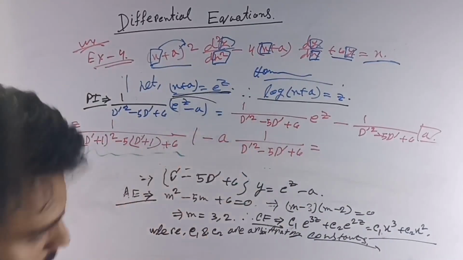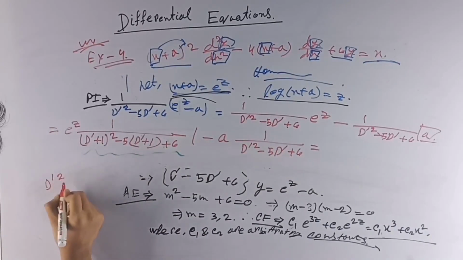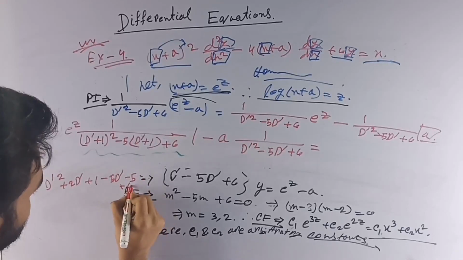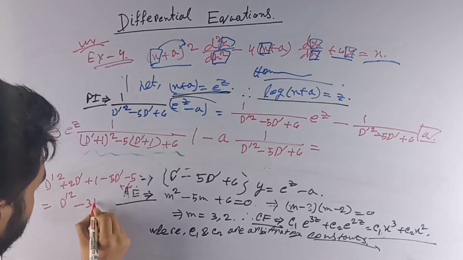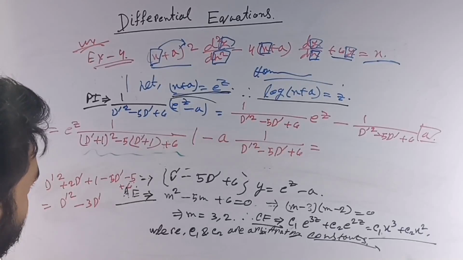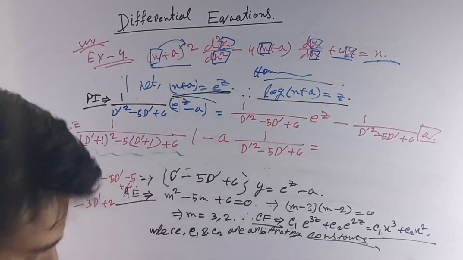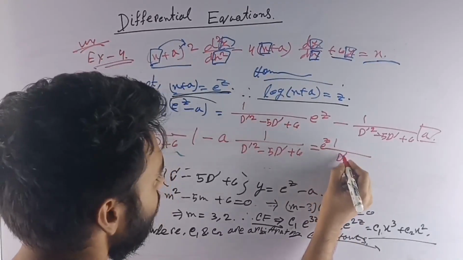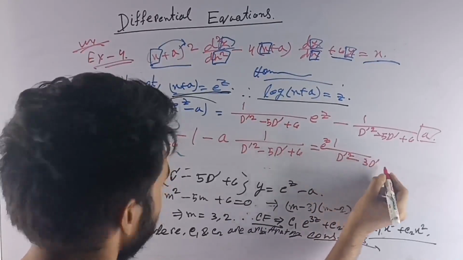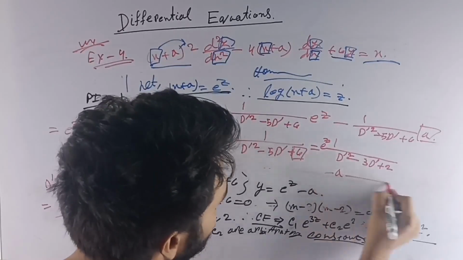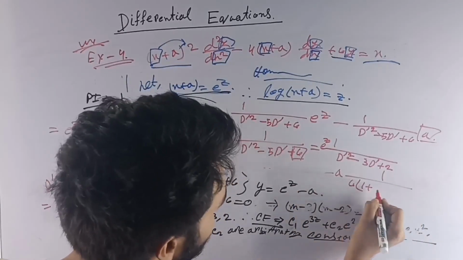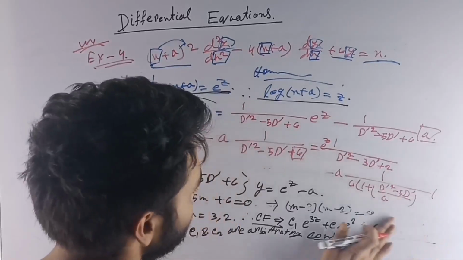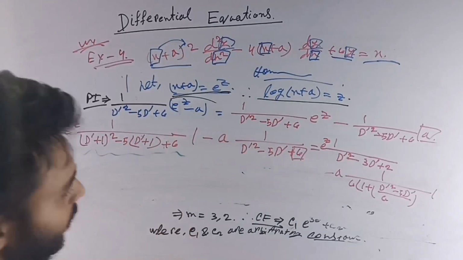So now first of all that becomes d naught square minus 2 d naught plus 1 minus 5 d naught minus 5 plus 6, that's d naught square minus 3 d naught plus 2. Okay guys, so now first of all e to the power z times of 1 by d naught square minus 3 d naught plus 2, minus a times 1 by 6 common, so 6 common of a plus d naught square minus 5 d naught by 6.